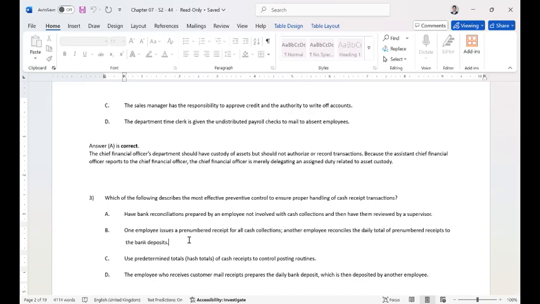Can we get a few guesses? The most effective preventive control. Prevent. Correct. Prevent. Bank reconciliation is a detective control. So this D might be preventive. Use predetermined hash totals. Control posting. So this is preventive or detective.